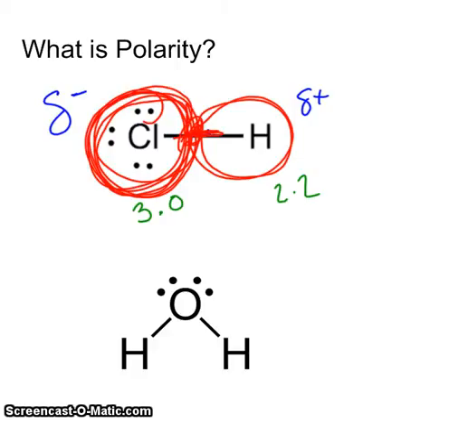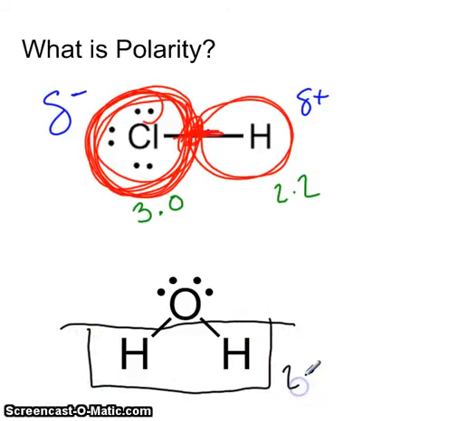Now, if we make the molecule a little more complex, like this molecule down here, this is a water molecule. Well, is it polar? And the answer is yes, it is polar, because if we look at it, I'm going to split it right in half, right down the middle. We'll notice that this side of the molecule, where the electronegativity of these atoms is 2.2, is more positive than this side of the molecule, where the electronegativity is 3.5.